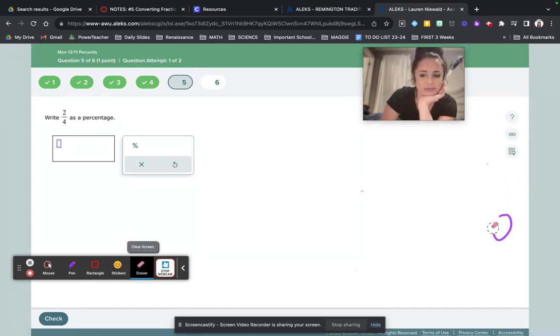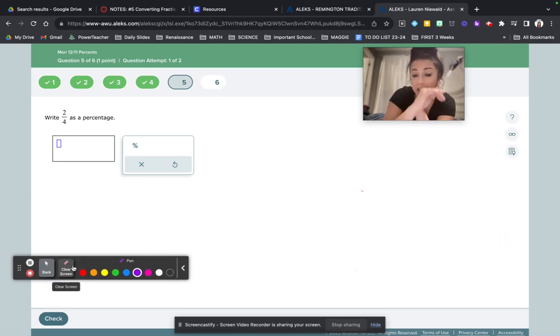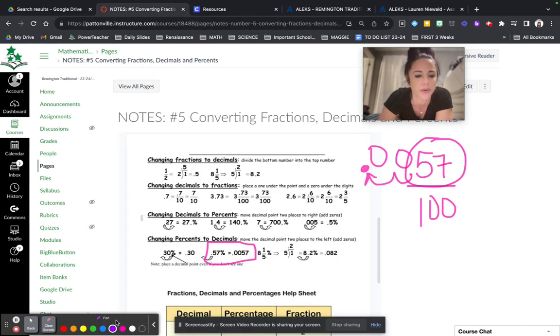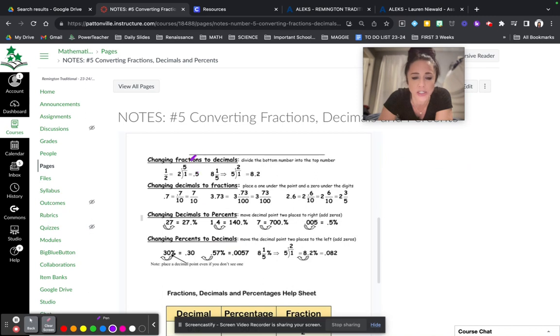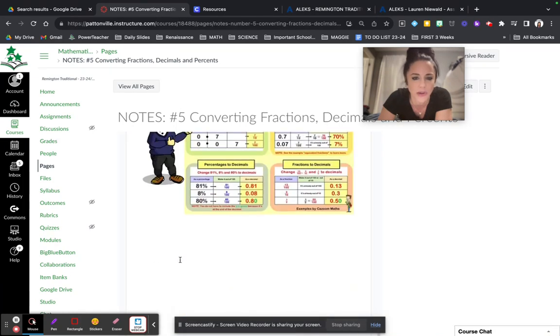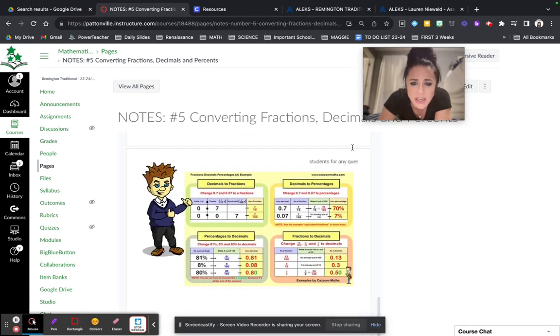Hopefully you're ready to move on. If not, let's go ahead and look at this. You have a fraction and you need it as a percent. I just want to point this out. We have a fraction and we want it as a percent. Fractions as a percent.